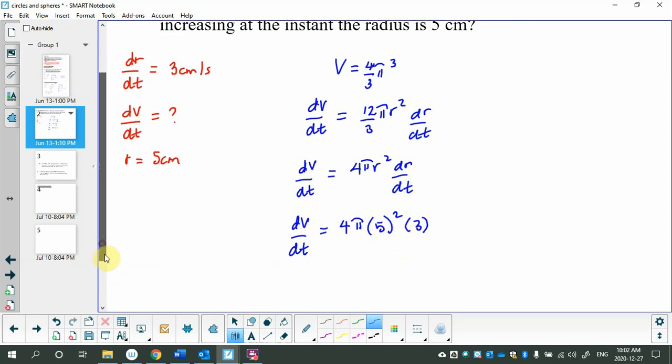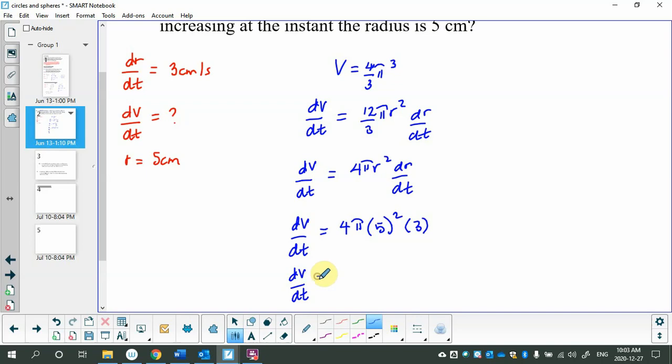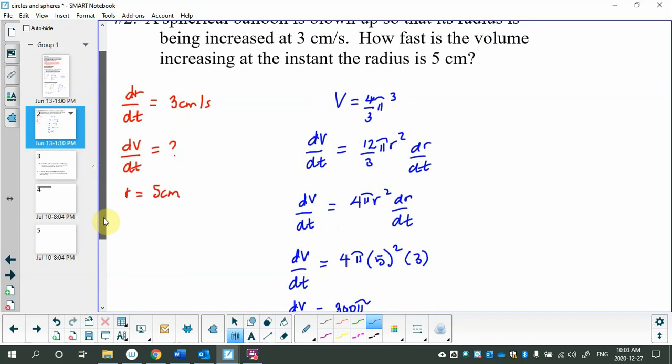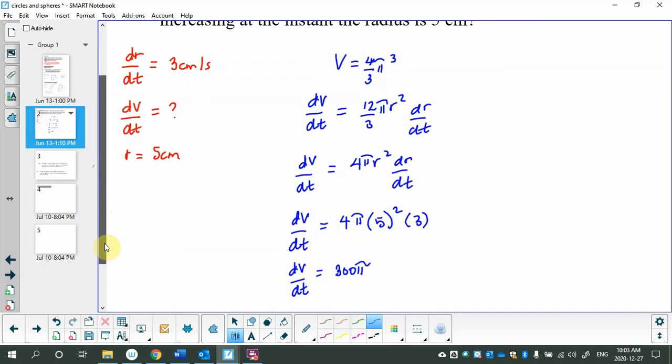So my final answer, and I'm going to keep it in terms of pi, even though you're welcome to turn pi into 3.14 and use it as a decimal. This is 25 times 4, which is 100, times 3. So that's 300 pi. And to reread the question, how fast is the volume increasing? Fast is a per.